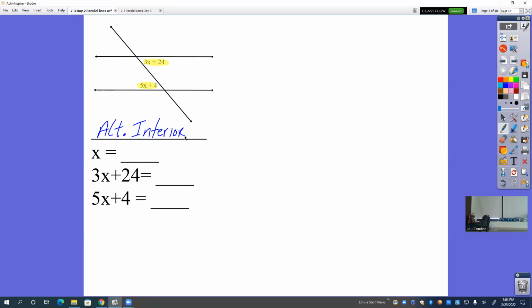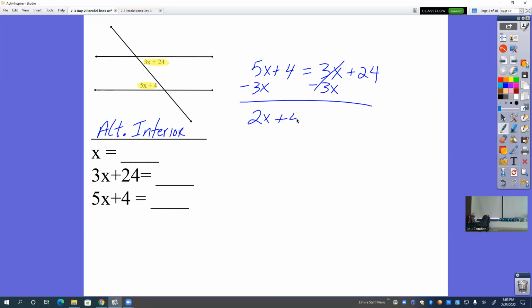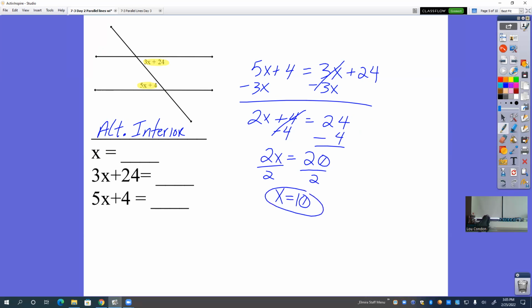Alternate interior angles are equal to each other. 5x plus 4 equals 3x plus 24. Subtract the smaller variable, so leaves you with 2x plus 4 equals 24. Subtract 4 from both sides, leaves you with 2x equals 20. Divide both sides by 2. X equals 10.